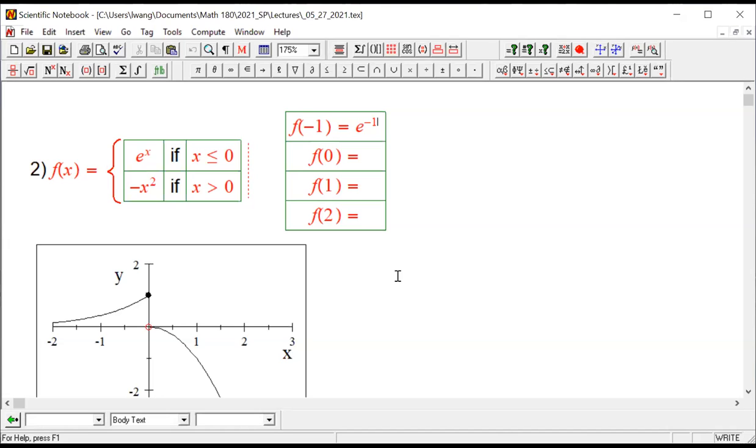I still remember when I was teaching calculus 1, some of the students seem to do well, but there are always some students who don't get the piecewise function concept, despite the fact that I cover it in class and review that concept in class.